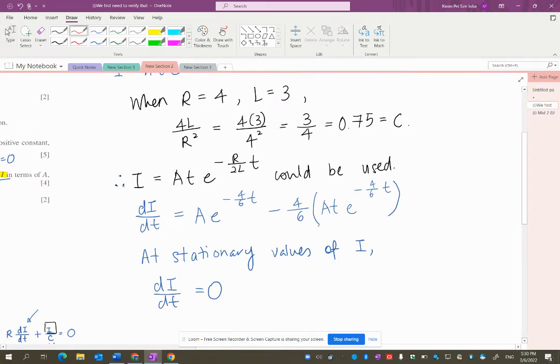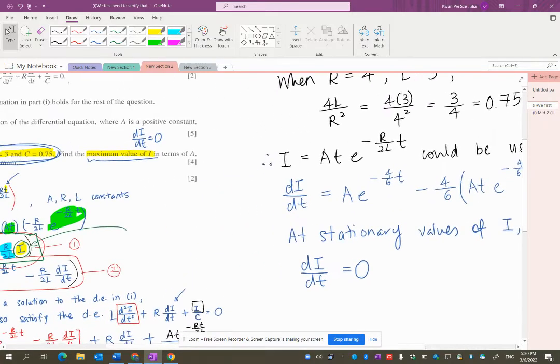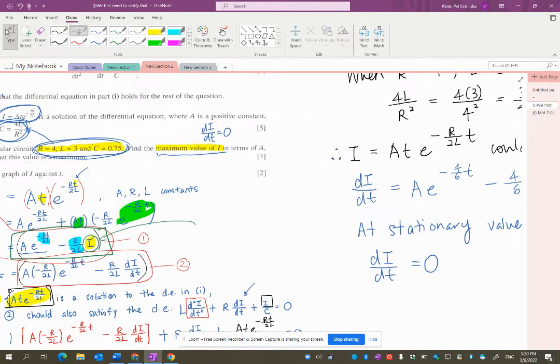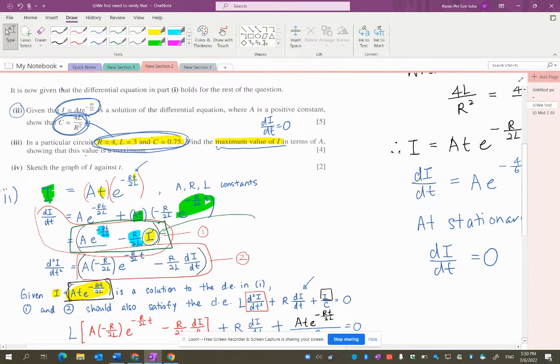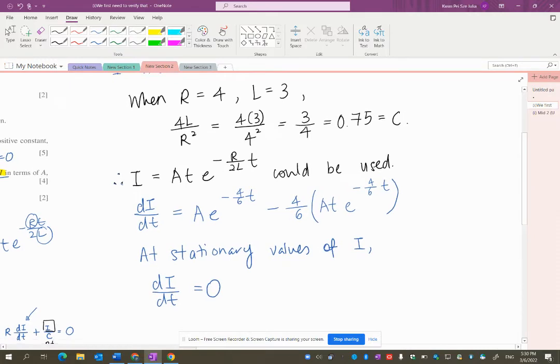So that's how I get this expression. I'm also going to replace the I in dI/dt with A t e to the power of minus Rt over 2L, also substituting the given values of R and L. So that's how I get this step here.